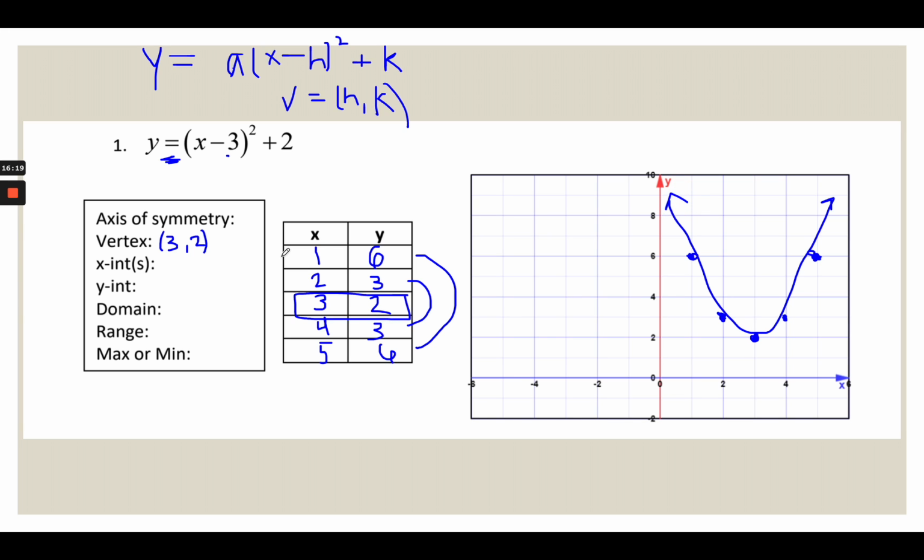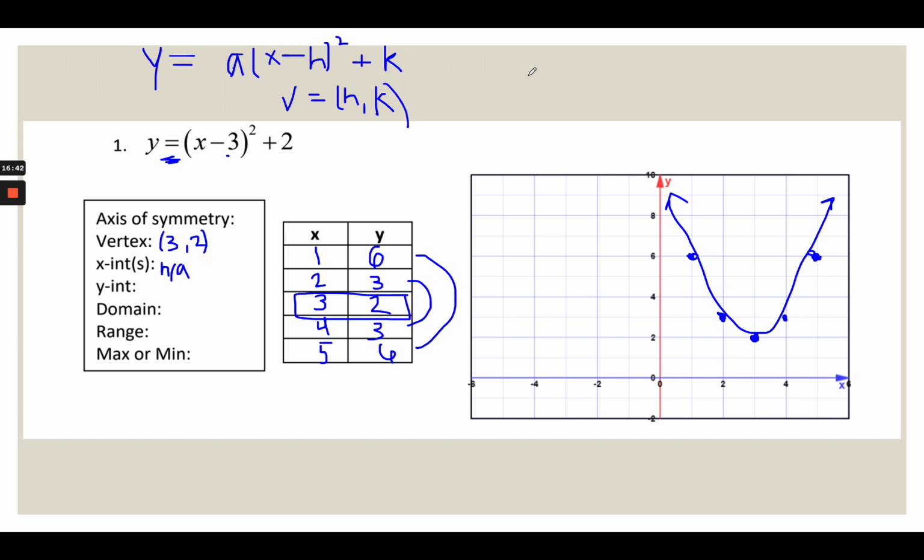Okay, now we are going to look at our x-intercepts. Does this graph ever touch the x-axis? No, so there are no x-intercepts. We never hit the x-axis, okay? Our y-intercept, it's kind of hard to tell where we're gonna hit it.